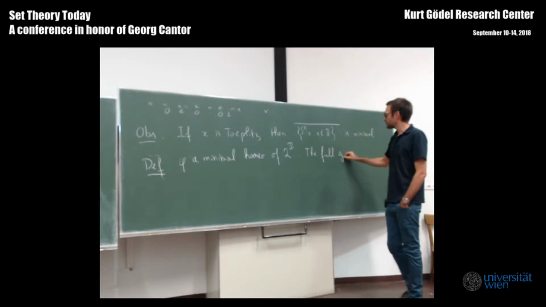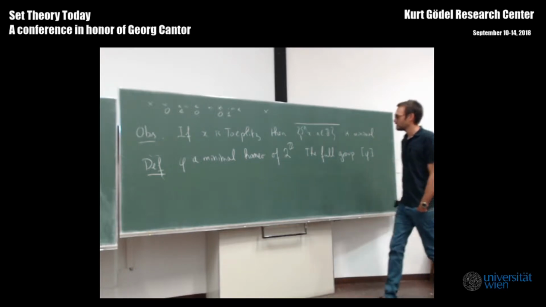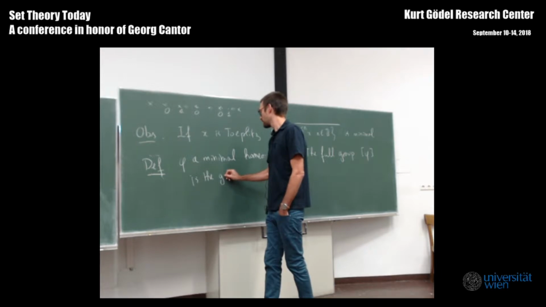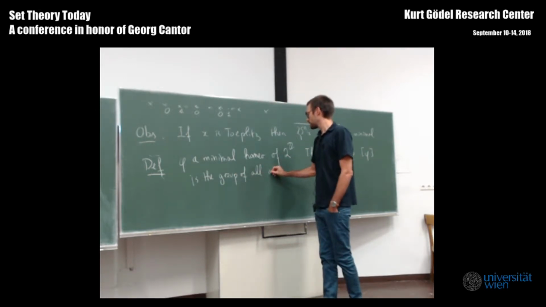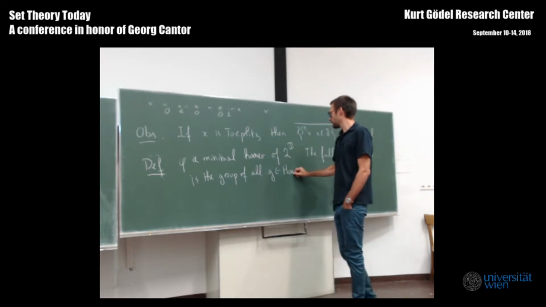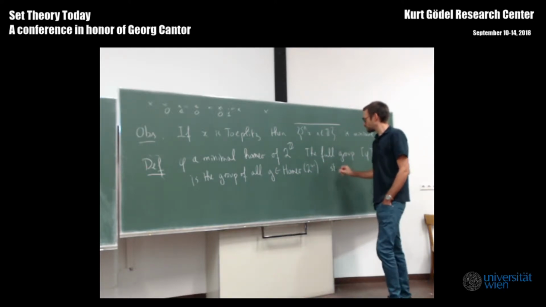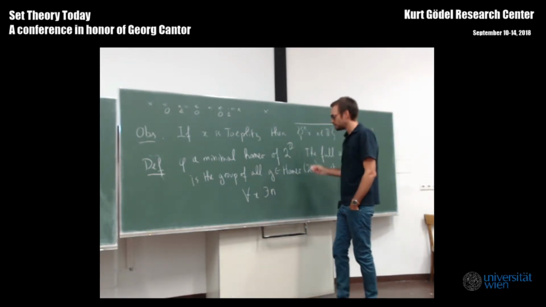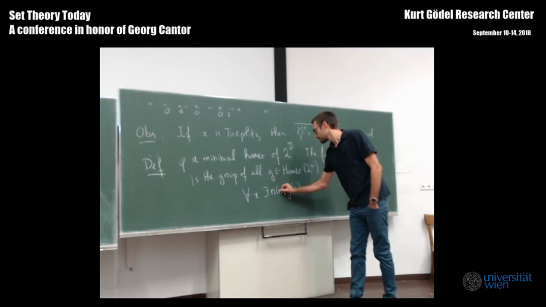So for those of you who've seen some ergodic theory talks, you might have met this in the ergodic setting. So the full group is the group of all, say G, all homeomorphisms, it matters, such that for all x, there exists some n, which will depend on x, n of x.